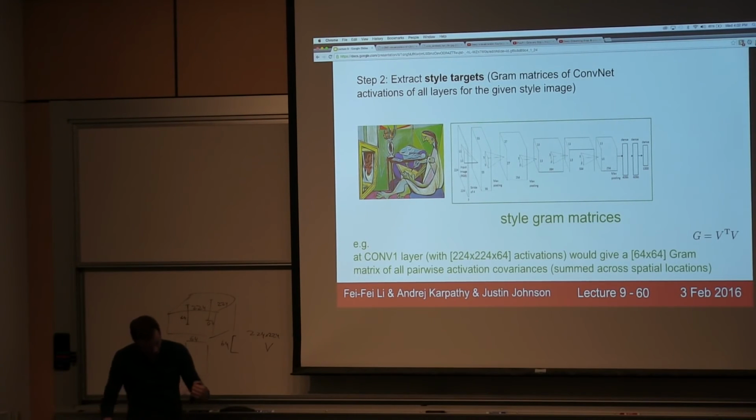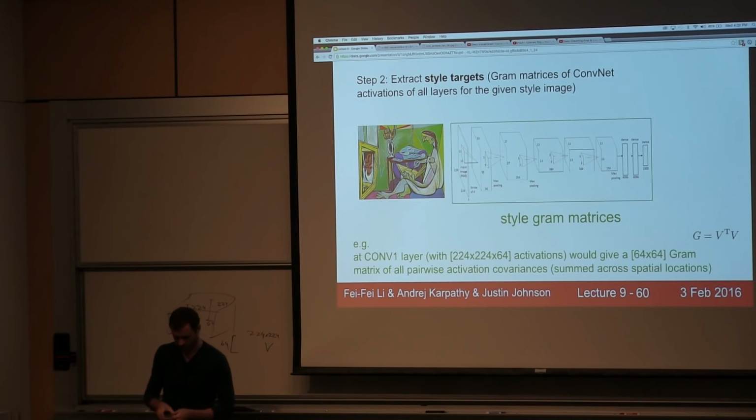So instead of a 64 by 64 matrix, we just get a vector of length 64 that tells you the mean activation for each feature map. And this actually does something, surprisingly, as well. There's this interpretation of the gram matrix as having a pairwise interaction between features, but I'm not totally sure that that's exactly what is making it work. Yeah, it's a good point.